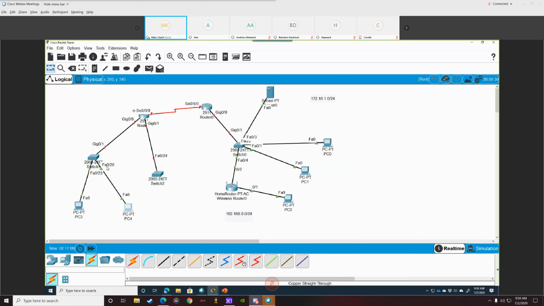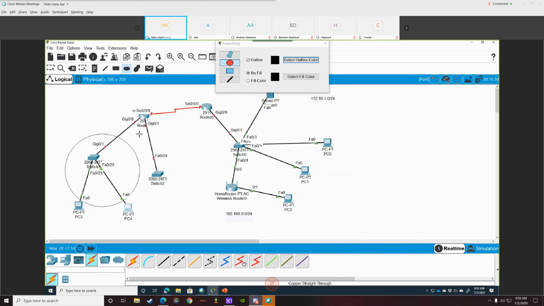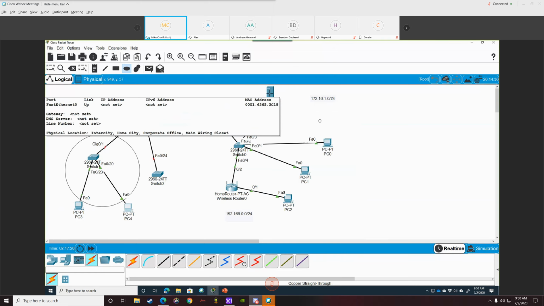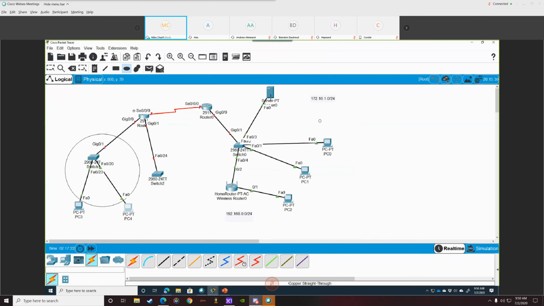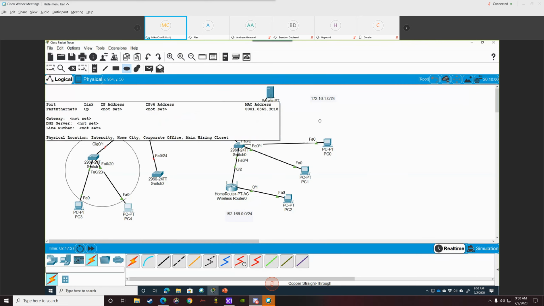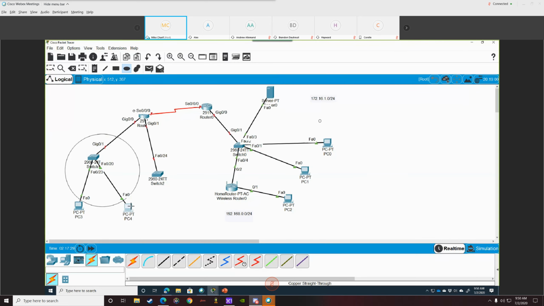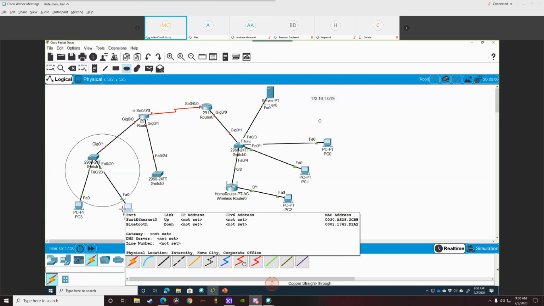Or you can say, okay, I want to allow only this particular network to access my website or my FTP server. So you can permit or deny. Basically, what you're trying to do is filter your traffic.